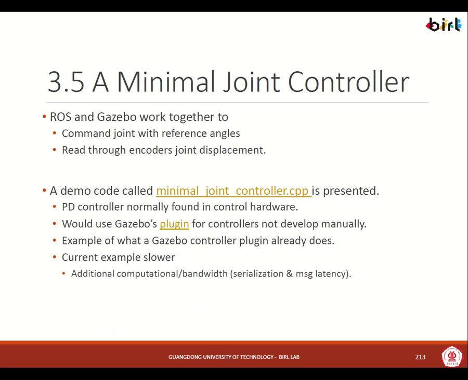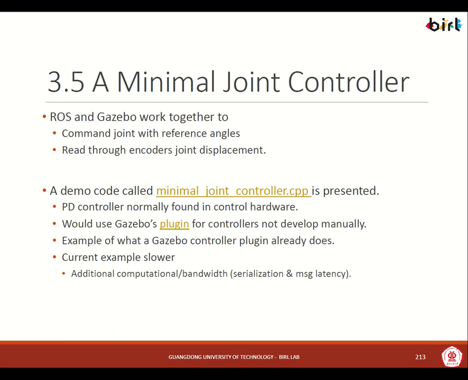Here we're going to have a simulated PD controller. A little bit similar to what you did on homework 1. And then later we're going to use Gazebo plugin for controllers, so we don't do this manually. And this is going to be an example of what that plugin really does. But right now it's going to be slower because by doing this in the code, we have extra computation and bandwidth requirements.